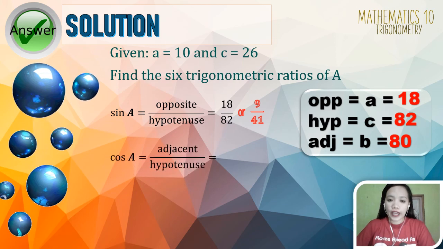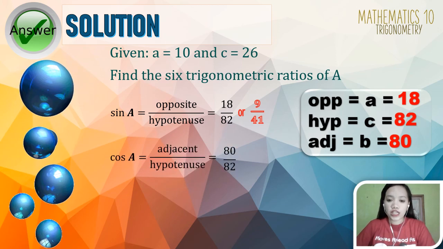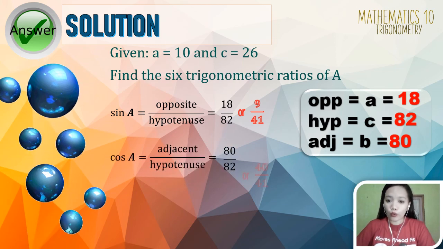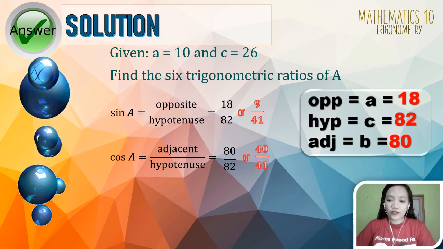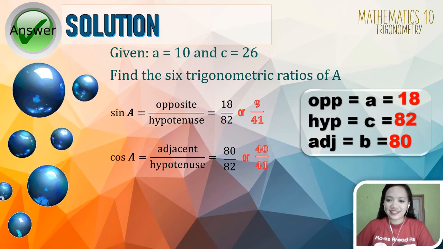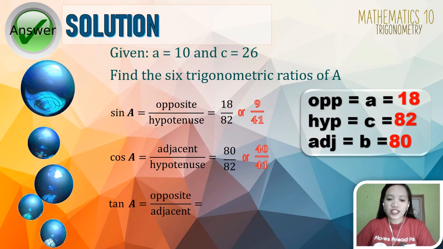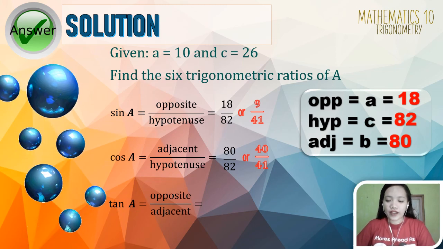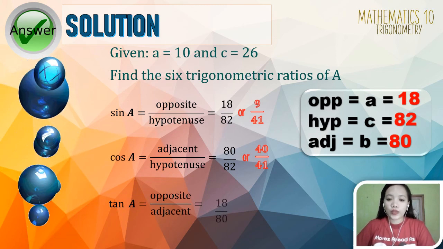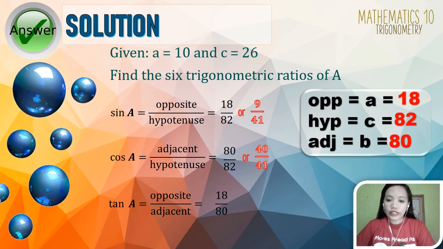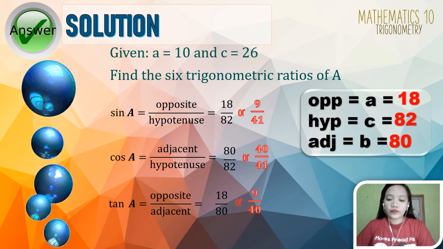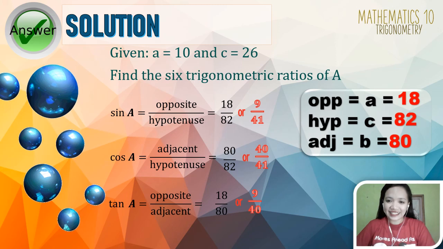For cosine A, we have 80 over 82, or 40 over 41. Okay, next. For tangent A, we have opposite divided by adjacent. So, we'll have 18 over 80, or 9 over 40.